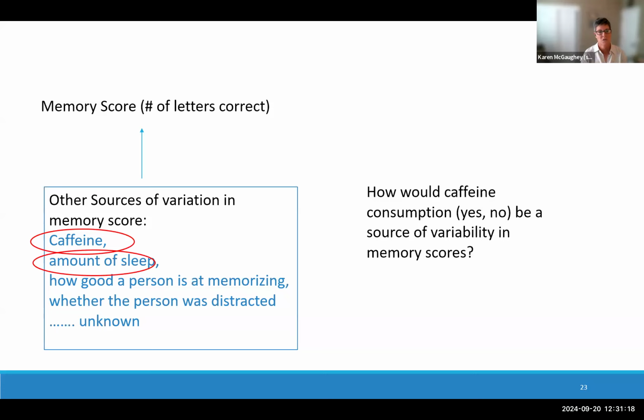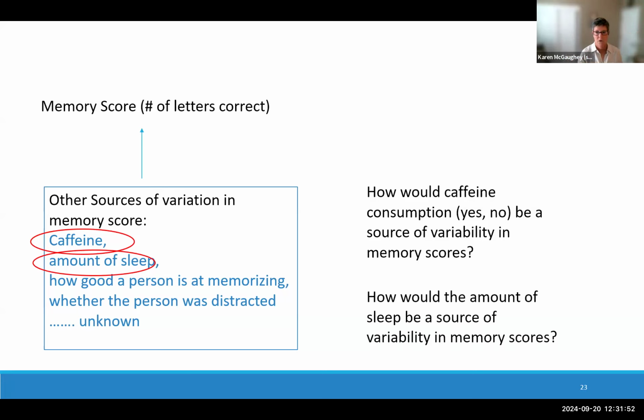I would want students to say, well, maybe people who have had caffeine are more awake, and so they might be able to memorize more letters, regardless of the sequence they had, than people who haven't had any caffeine. Or vice versa. It doesn't really matter what direction they argue it.